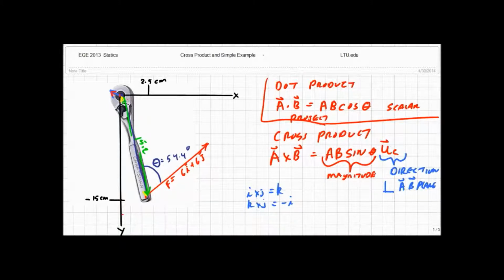And also, I'll point out that I cross I equals 0. Okay, so also J cross J, et cetera, et cetera.